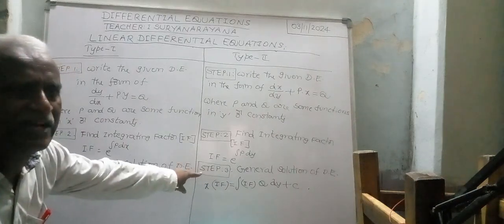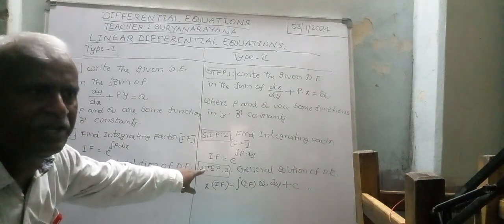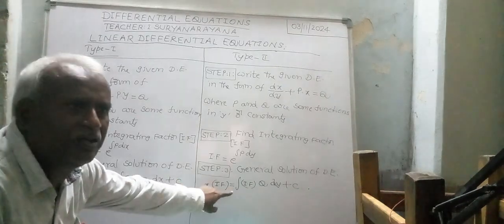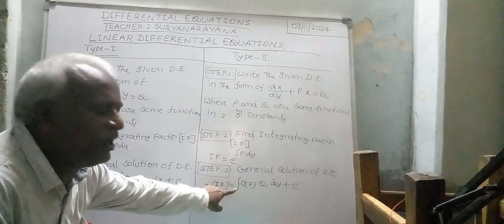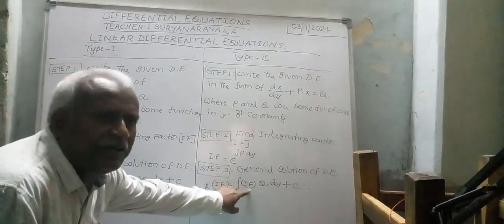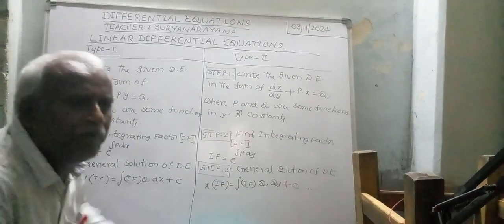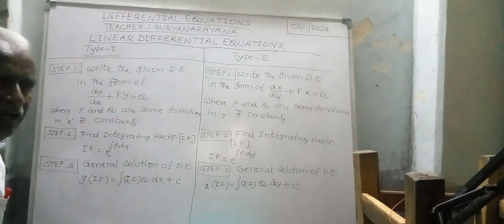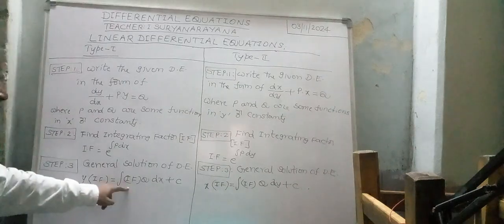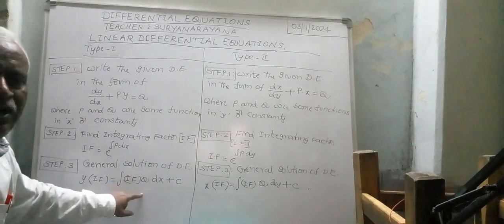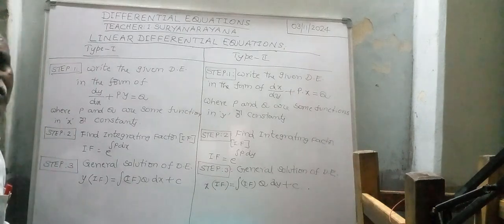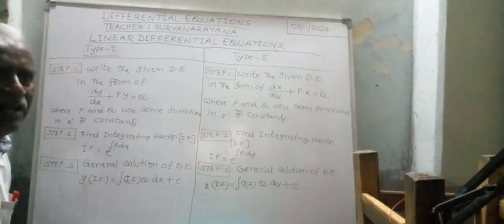Similarly, in the second type of linear differential equation, the general solution is x into integrating factor is equal to integral of integrating factor into q dy plus c. You have to remember these 3 steps only. Again, here we have to evaluate the integral of this function in the RHS.